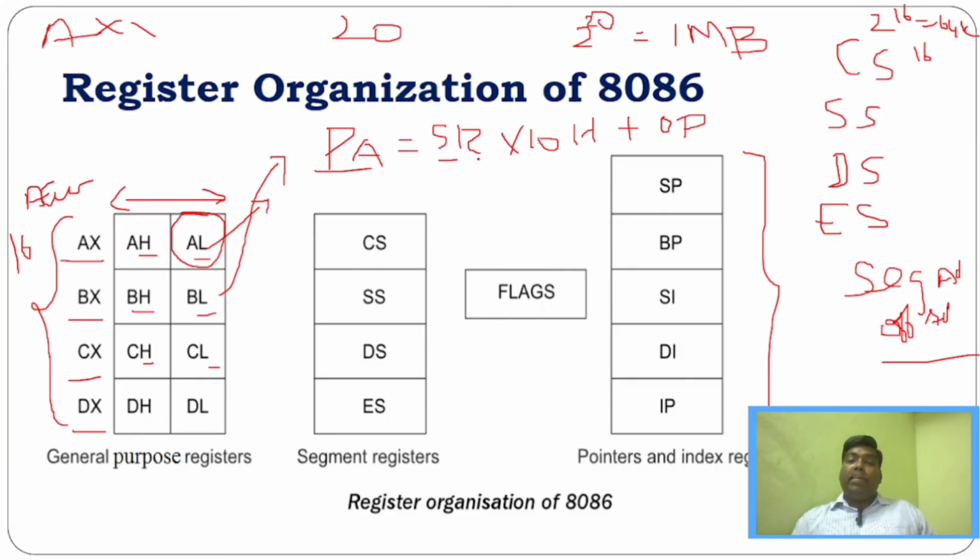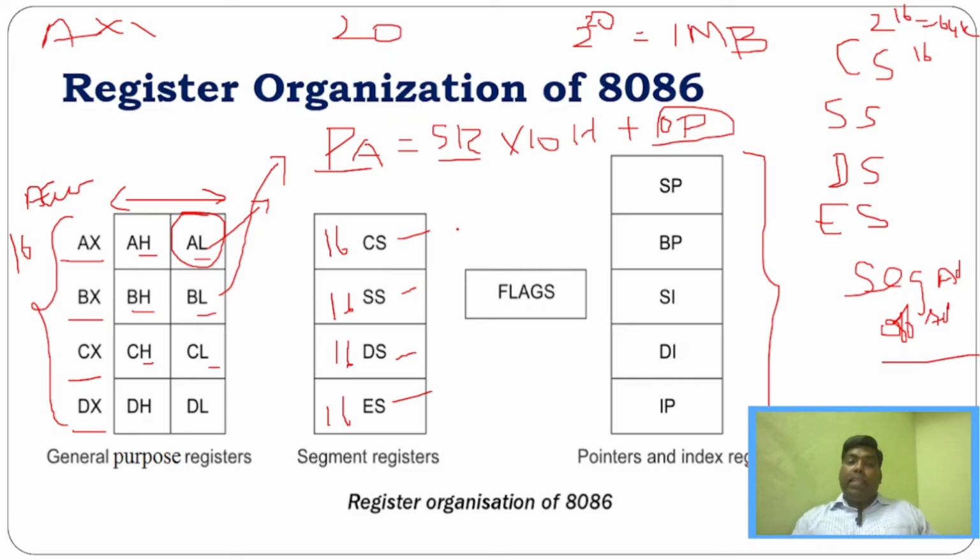We know that these four segment registers are 16 bits, and that will be multiplied with 10H, but we need a 20-bit address. So the remaining 4 bits will be given by the offset pointer, right?